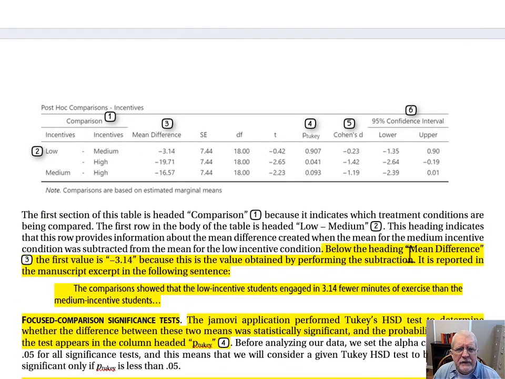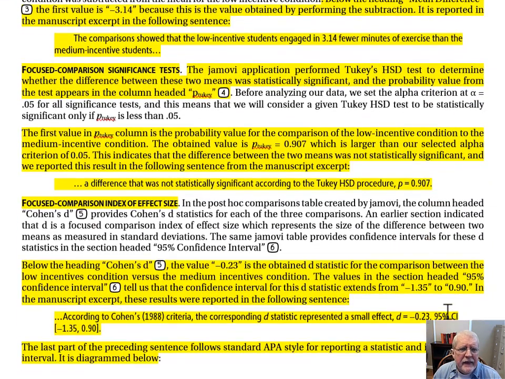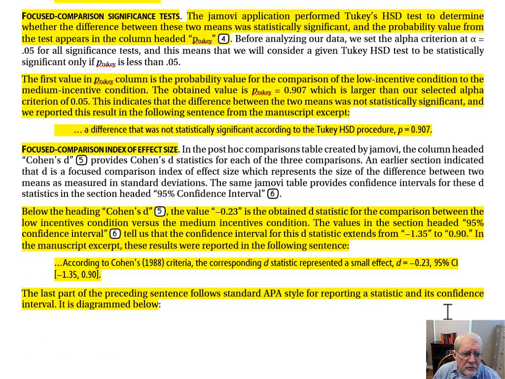First of all, is that what the table shows? Yes. In the column headed Cohen's D statistic, Cohen's D for the first comparison was negative 0.23, and its confidence interval extended from negative 1.35 to positive 0.90. That's our first focused comparison index of effect size.